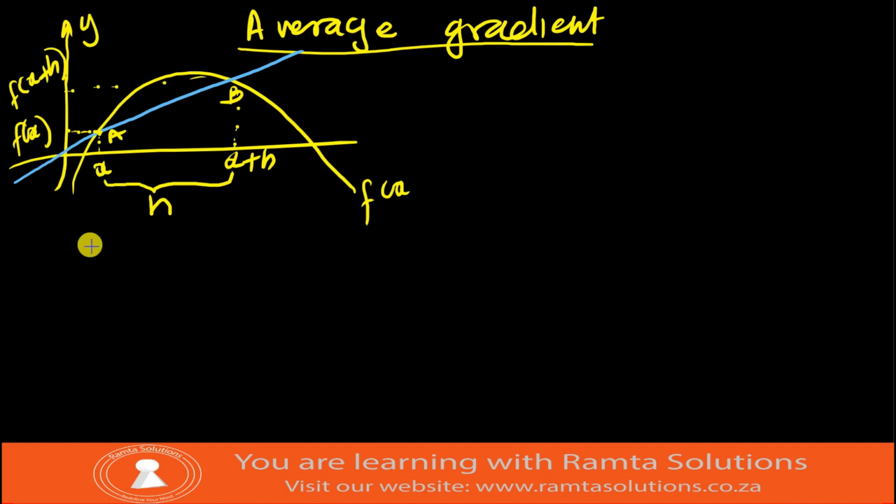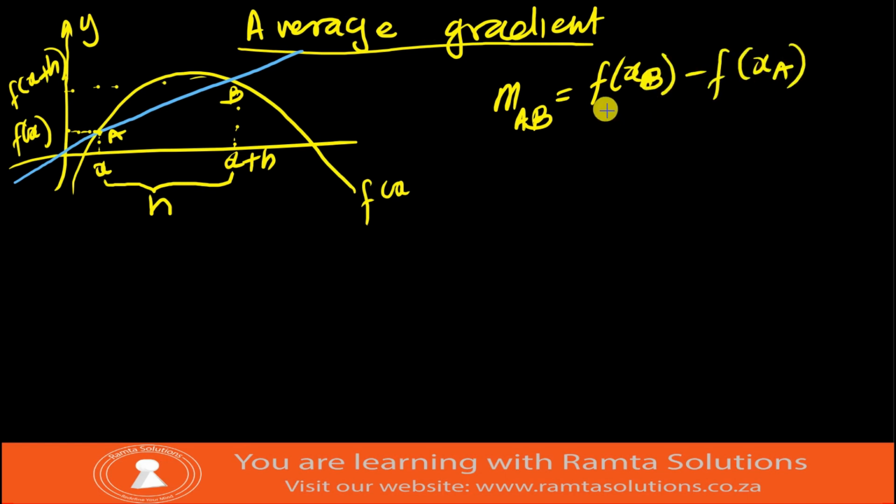When you wanted to calculate gradient between 2 points, you said m sub AB is equal to f at x sub B minus f at x sub A, all over x sub B minus x sub A. What is f of x at B?